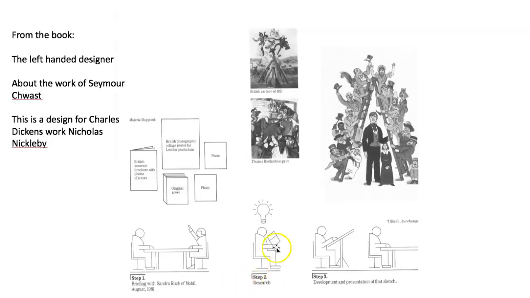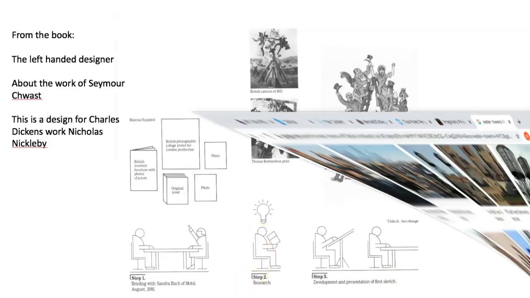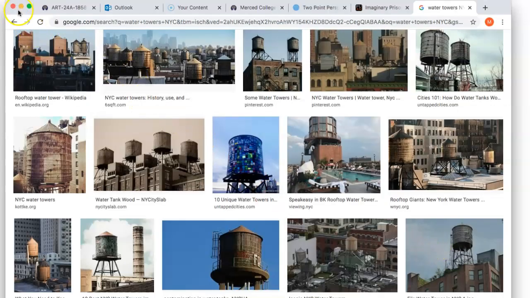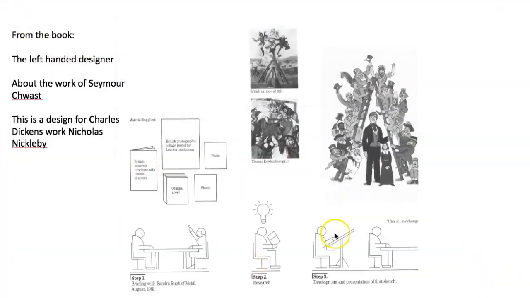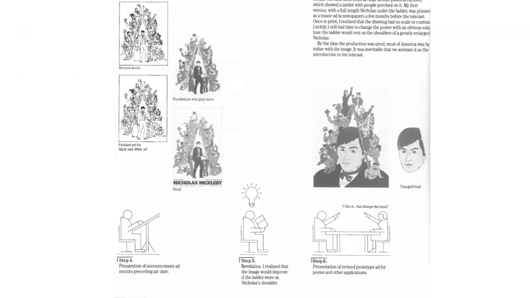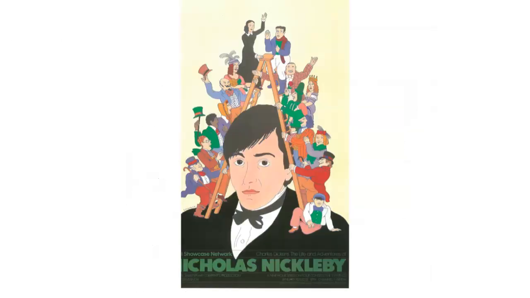And you did your research, which is going online and thinking about things, doing some brainstorming. And you developed the presentation. So you need to go through that process. So you go, okay, preparation, and then this part right here is all about if you were putting it out in the world, to get a final drawing.